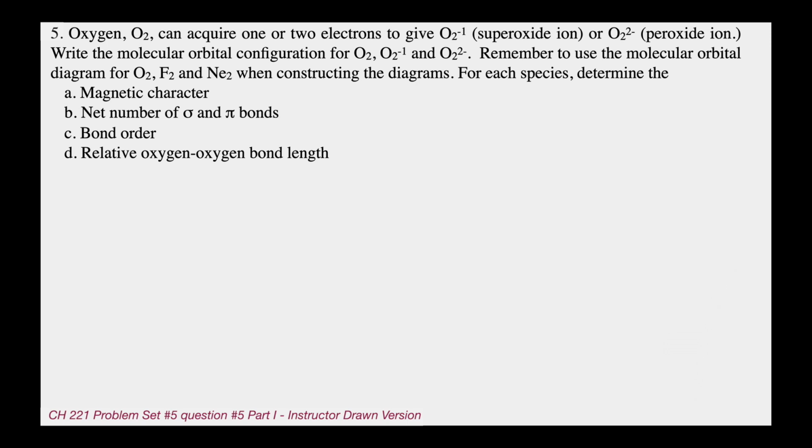So this first part, we're going to start off with the 1s and 2s atomic orbitals, and because there's 2 oxygen atoms, you're going to have 2 of them. And then over here on the left, I'm going to put the 2p orbitals. And if you remember from Chem 221, oxygen has 8 electrons total.